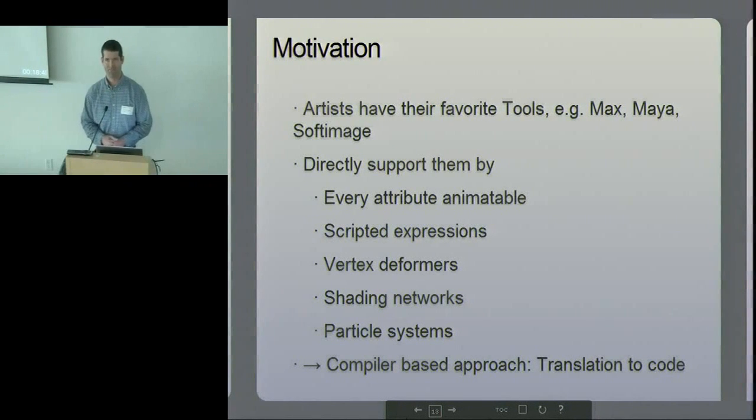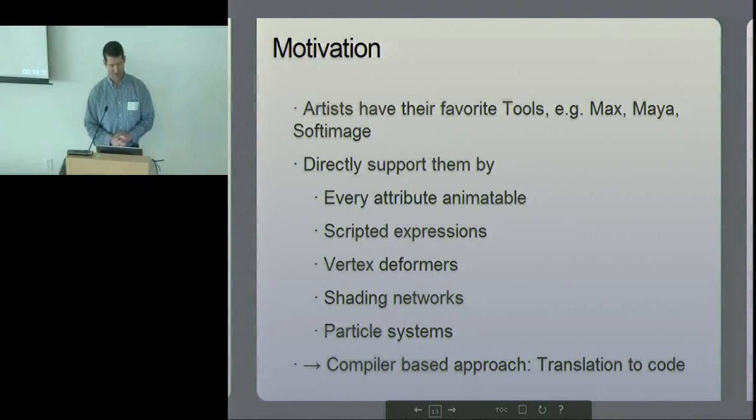directly. And then of course, we want to have every attribute animatable, for example, the position, rotation, scale, or the diffuse and specular color of a shader. And all these attributes have to be changeable over time. Then in the example of Maya, there's an embedded scripting language called MEL, and this, of course, is a useful tool which could be supported.